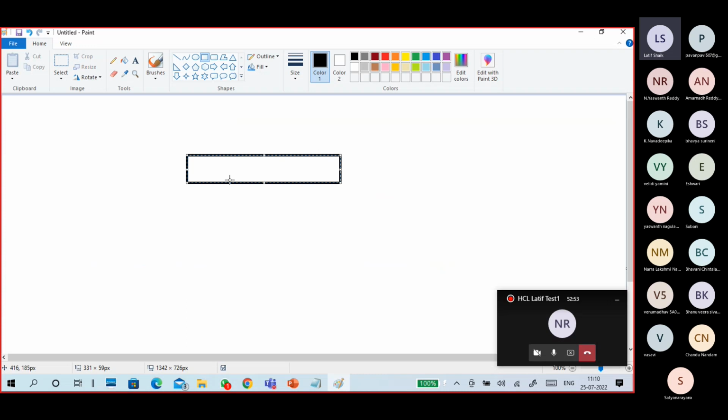So here it is, a completely charged battery. See, this is the battery, right? This is full battery.